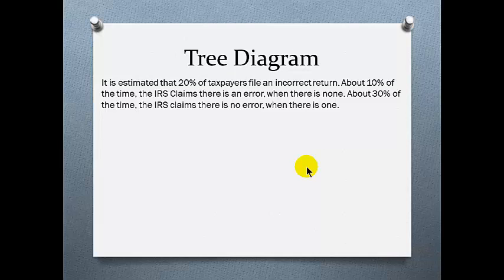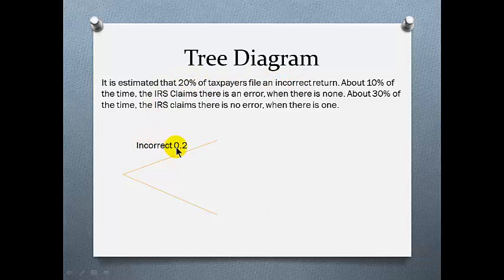Now, there's a lot of probabilities in there as I make this a little smaller so we can fit a tree diagram on here. Let's see if we can break this up into a tree diagram. Initially, we're filing a tax return. It was either done correctly or incorrectly? We are told 20% are incorrect.